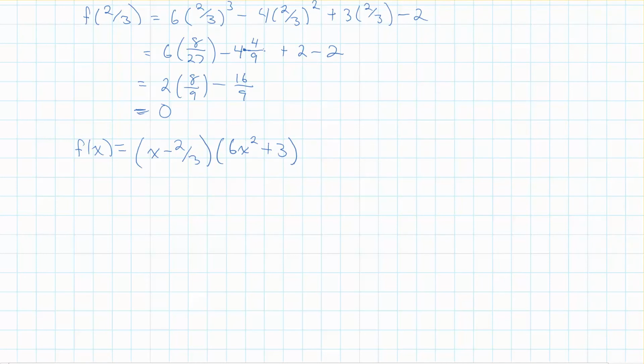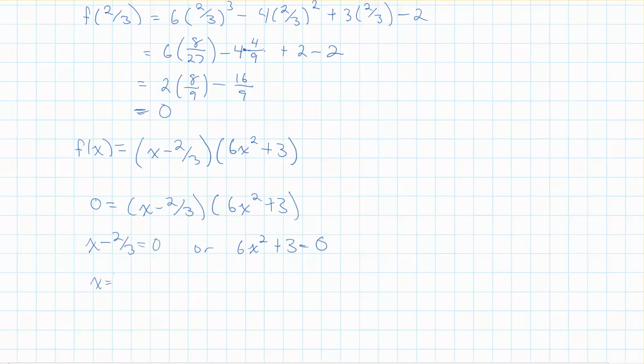Now, we've technically found all the rational zeros, because if I want to find when this thing is 0, 0 is equal to x minus 2/3 times 6x squared plus 3. Well, this would be x minus 2/3 equals 0, or 6x squared plus 3 equals 0.